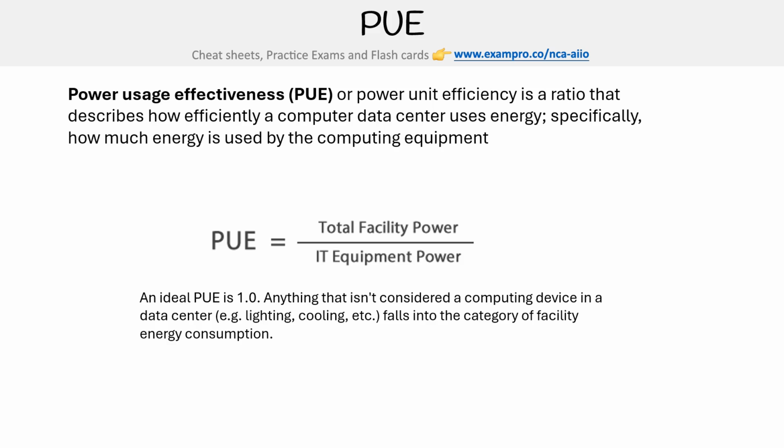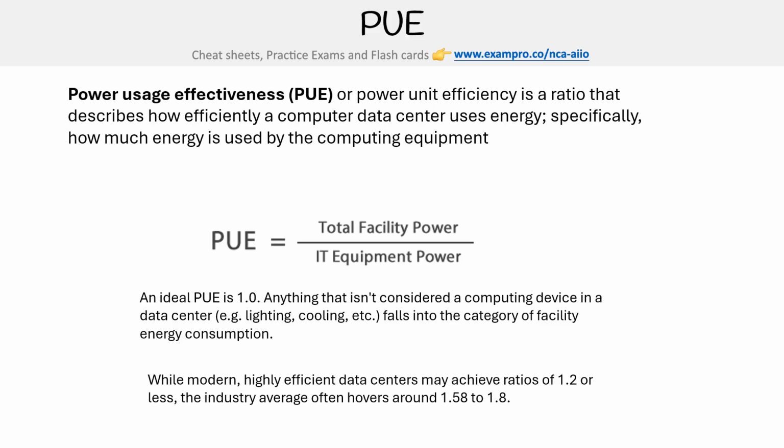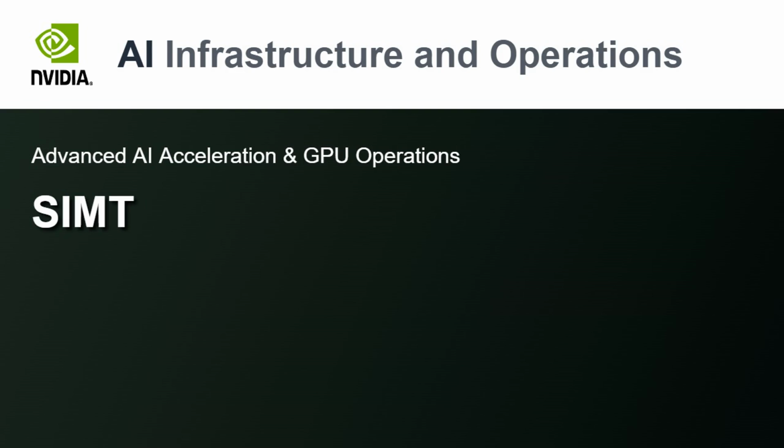An ideal PUE is 1.0. Anything that isn't a computing device in a data center falls in the category of facility energy consumption. While modern, highly efficient data centers may achieve a ratio of 1.2 or less, the industry average often hovers around 1.58 to 1.8. Ideal is 1, and nobody is near it, but that's interesting. There you go.